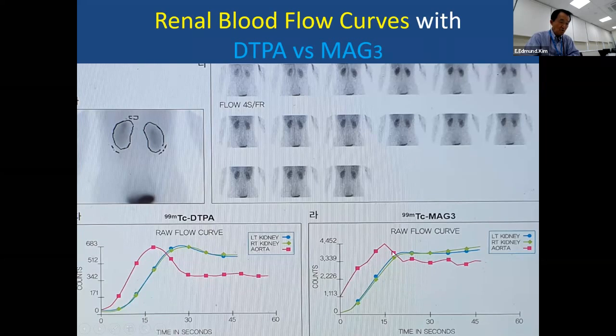Even if you have a good bolus, this happens. The kidneys usually go up and almost stay there horizontally. It's different because DTPA is a glomerular agent and MAG3 is a tubular agent. But the important thing is good preparation and position of the patient for an ideal nuclear renal scan.